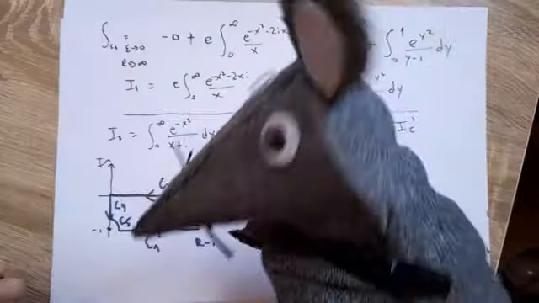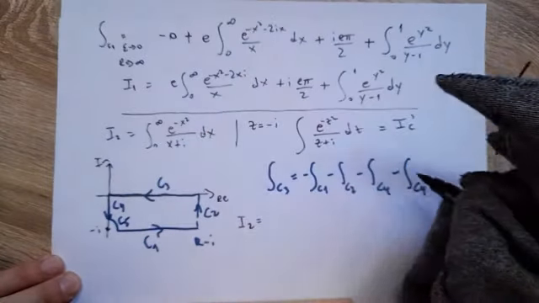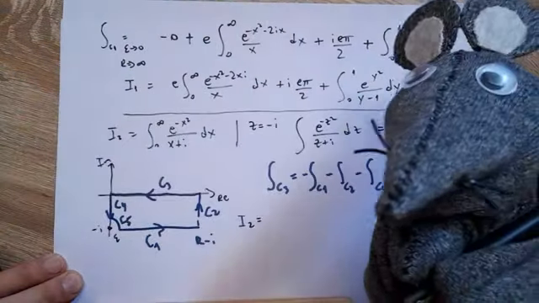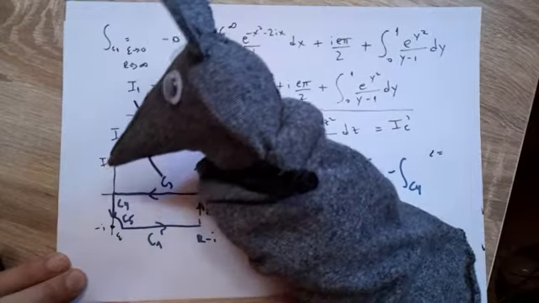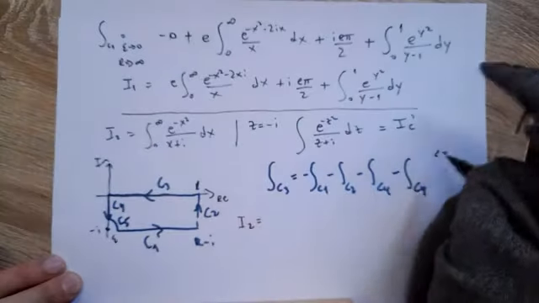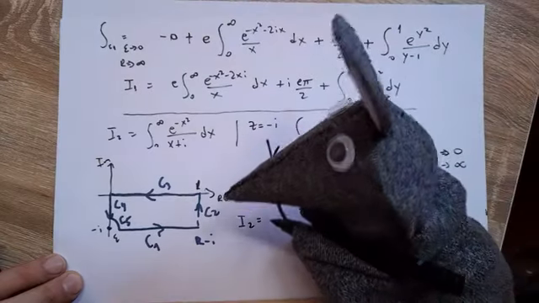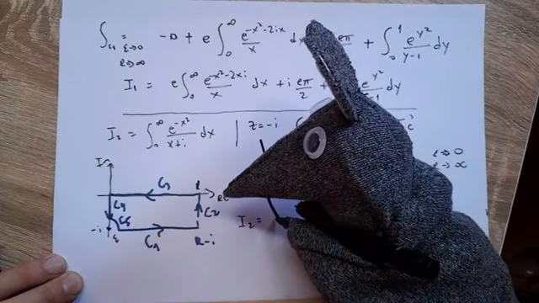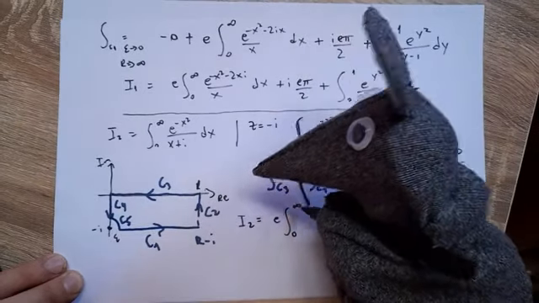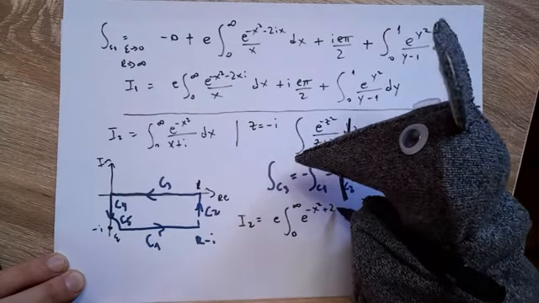The integral I2, in the limit where epsilon is the radius of this arc and r is this coordinate, with epsilon going to 0 and r going to infinity, will be I2 equals e times the integral from 0 to infinity of e to the minus x squared plus 2xi over x dx.